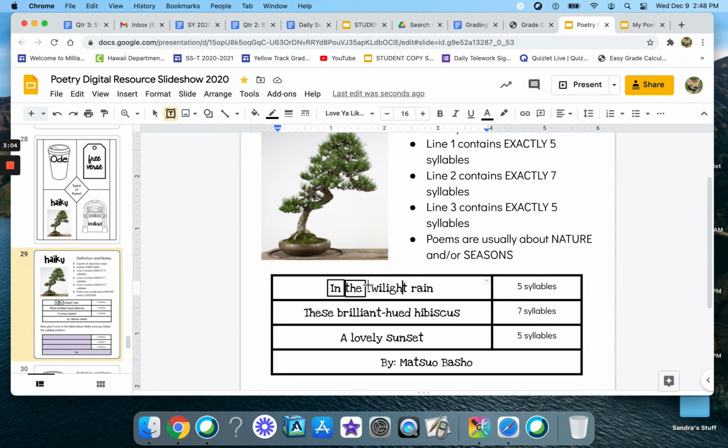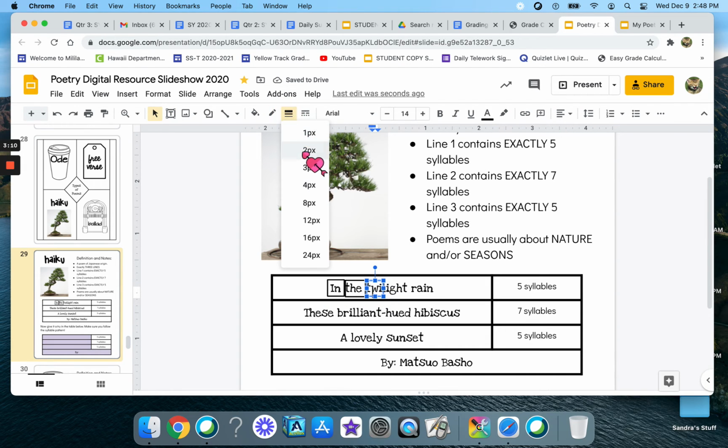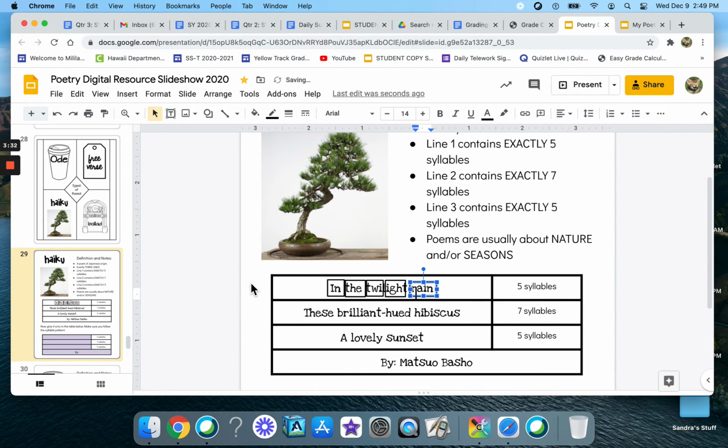So here is our third syllable, twi, and light. So twilight is a word that has 2 syllables. And then the last syllable is rain. Rain has only 1 syllable. So if you look at this first line, in the twilight rain, that is 5 syllables.